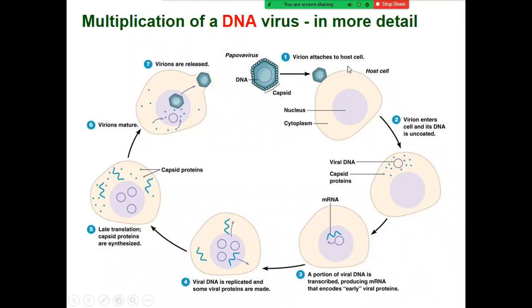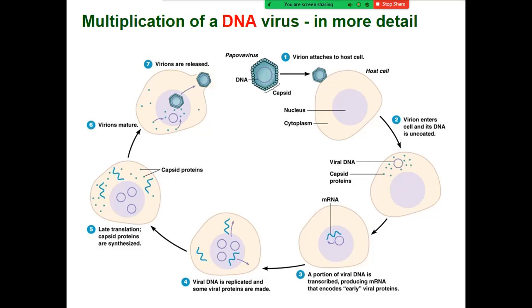The virus then comes into the cell, and we talked about that. It can be by fusion of the viral envelope and the cell membrane, or it can be brought in by endocytosis. The virion enters the cell and its DNA is uncoated. We're not going to talk about how that's done, but the virus separates and the DNA is then released.